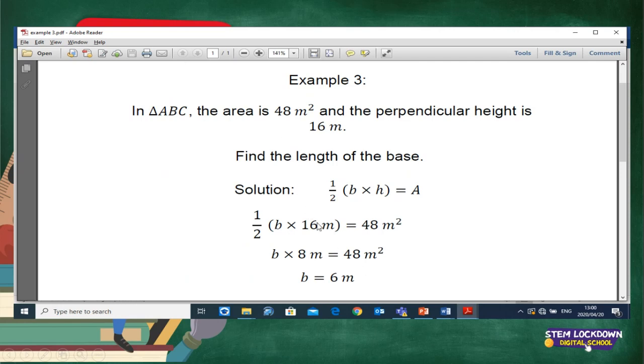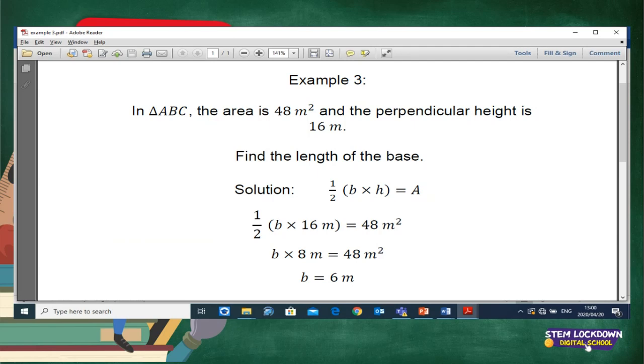And of course, your area there will be 48 square meters. And then you can substitute the area there as 48. And thereafter, we know half of 16, because remember, this is just one term inside the brackets, because you are multiplying b times 16, so that's the product.